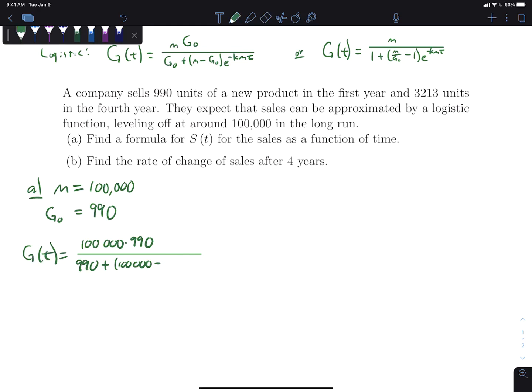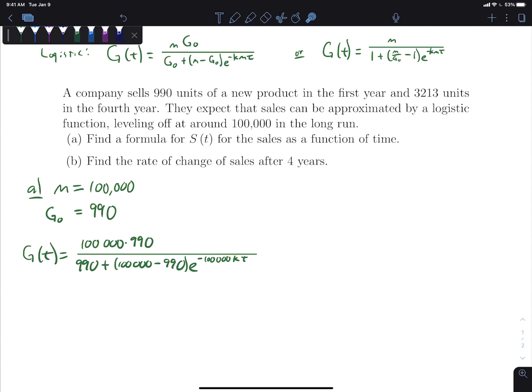And then e to the negative M, K, and t. M in this case is 100,000, so it's going to make that minus 100,000 kt. And that's the function as far as we know. But we need to figure out what K is.